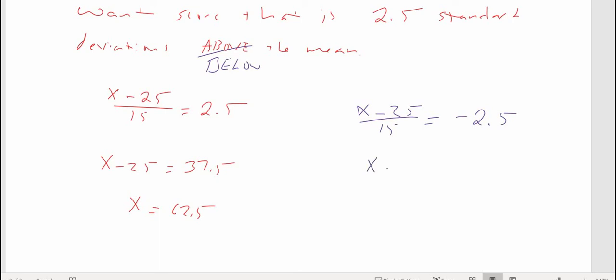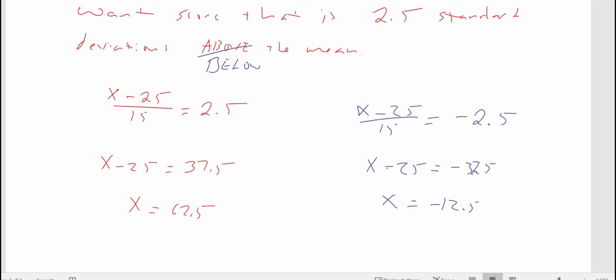So that would mean x minus 25 would have to equal negative 37.5. Add 25 to both sides. That'd be a negative 12.5. So this person got a negative score on the test. But again, let me reiterate, I'm making stuff up.